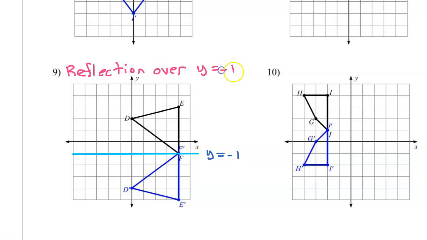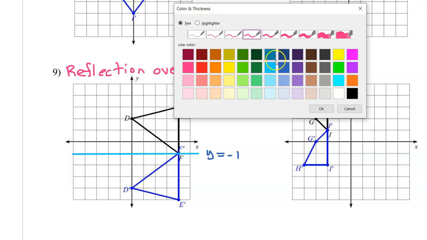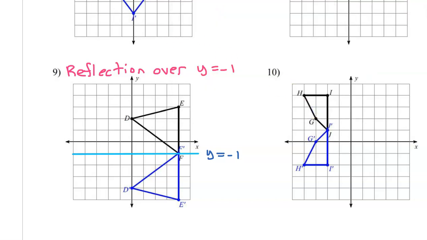over y equals -1. And for problem number 10, same concept. We can see that the reflection line is going to be right here. This is clearly the line that splits the double image right down the middle.